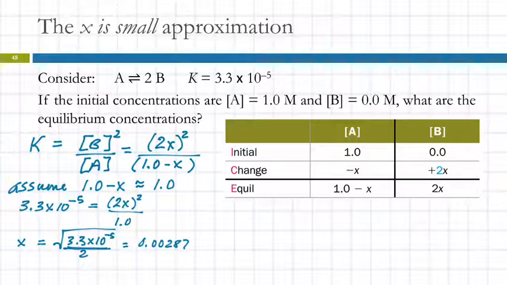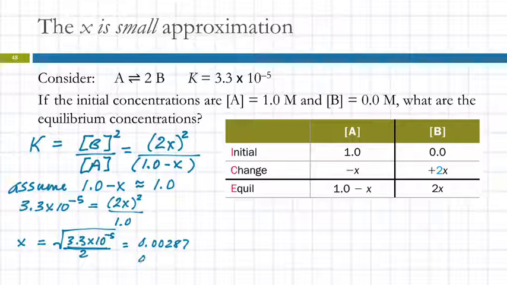Anybody else? I can double check that and multiply by 2 and then square that. And I get 3.3 times 10 to the minus 5, so that's good. So we can see that x is small compared to 1. To check that assumption, we want this to be 5% or less of what we're subtracting it from.